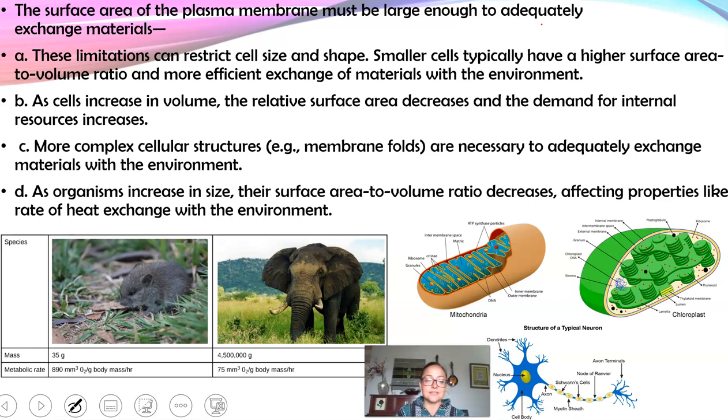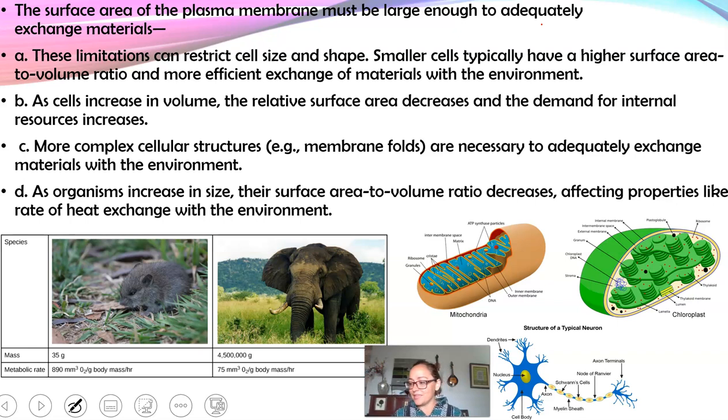Versus this elephant, its volume is very large. So when you do the math and compare the surface area to the volume, the surface area to volume ratio is less. Think about the heat being generated in the core of the elephant. That heat is in indirect contact with the surface, which is outside.